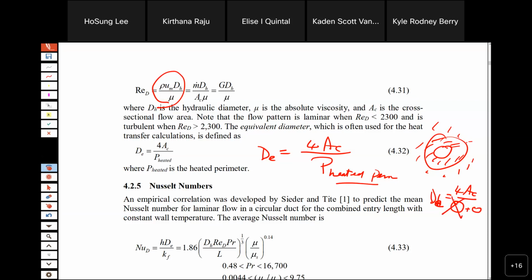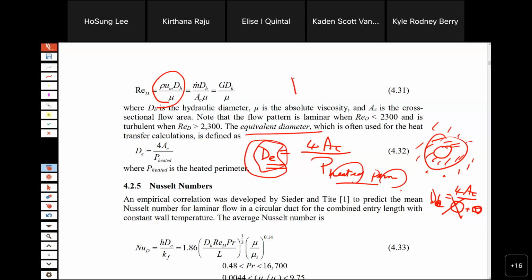Okay? So small one, because only heated perimeter. Don't ask me why. They had the difficulty to predict, and they had to use equivalent diameter sometimes in heat transfer.